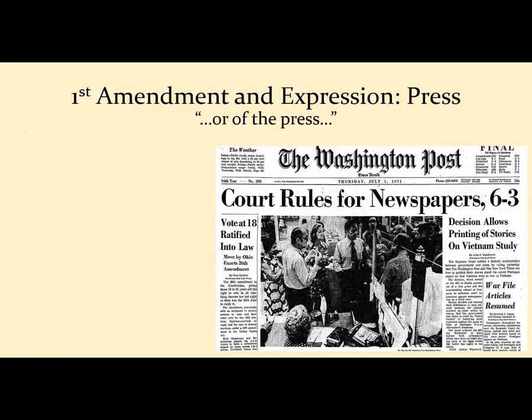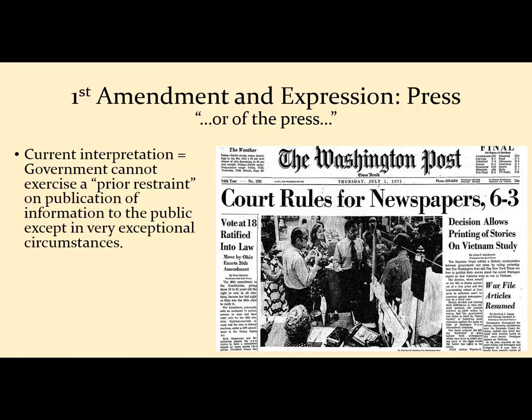Here we move to press now, the freedom of the press. If there could ever be an absolutely protected freedom, it's this one, the freedom of the press. That is because the press now is and always has been the most effective check on the power of government.